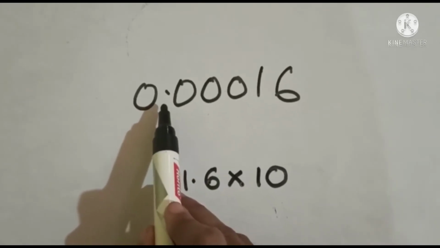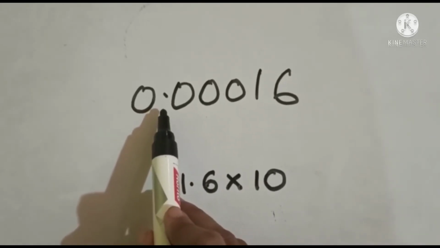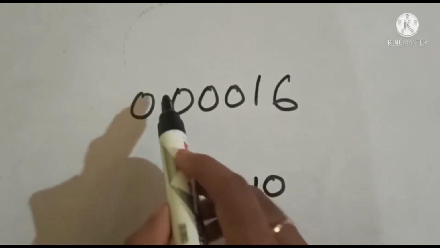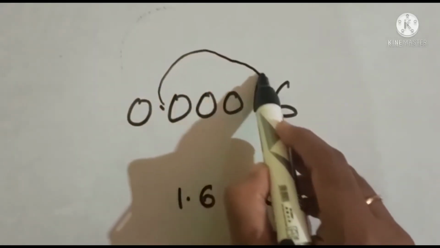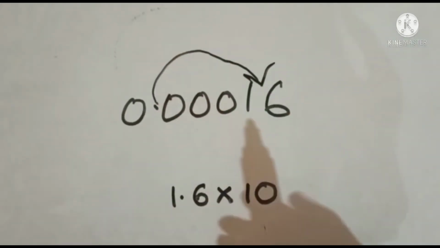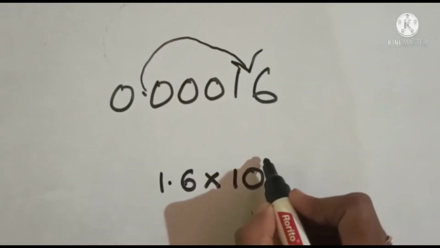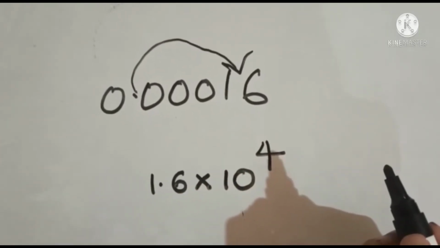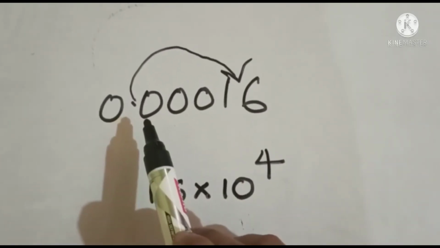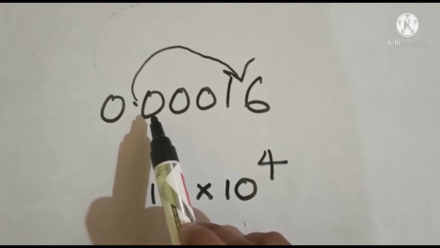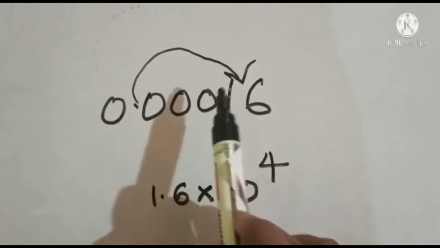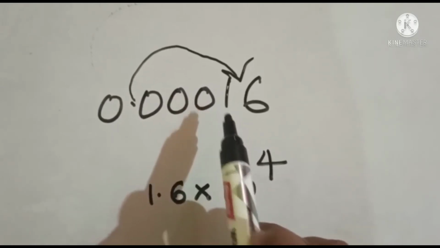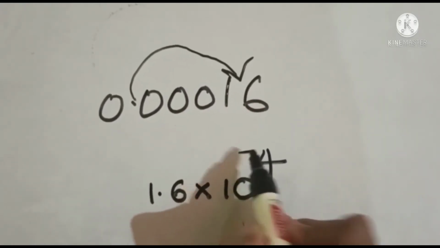Here we move the decimal point 4 places to the right. Then the exponent n is 4. What will be the sign of 4? The decimal point moves 4 places to the right. If it is right, then the sign becomes negative.